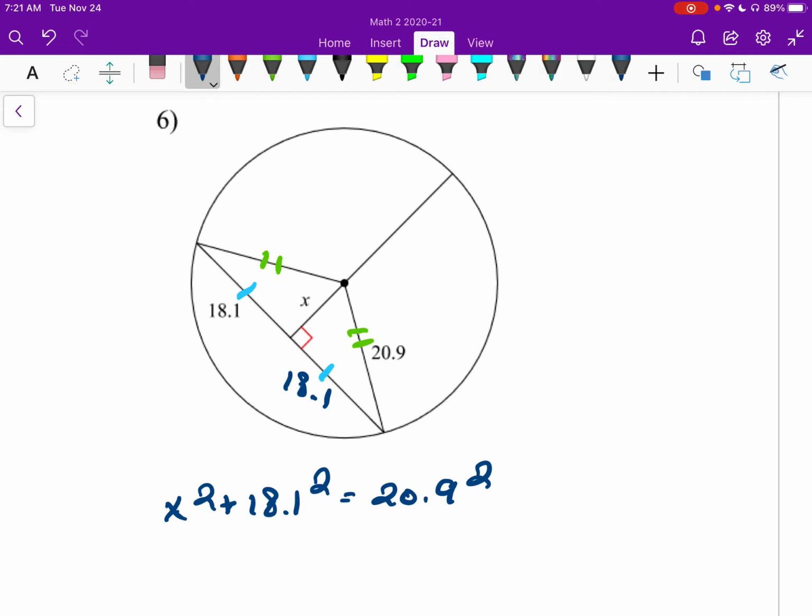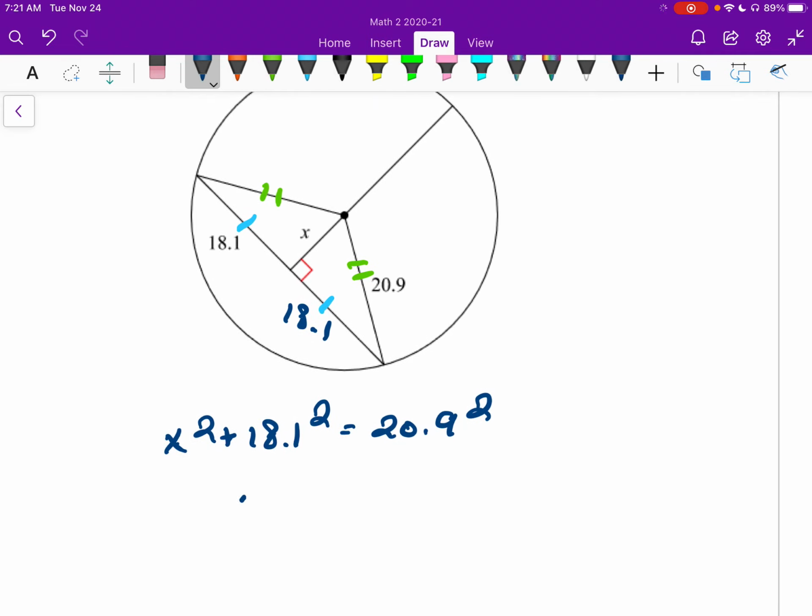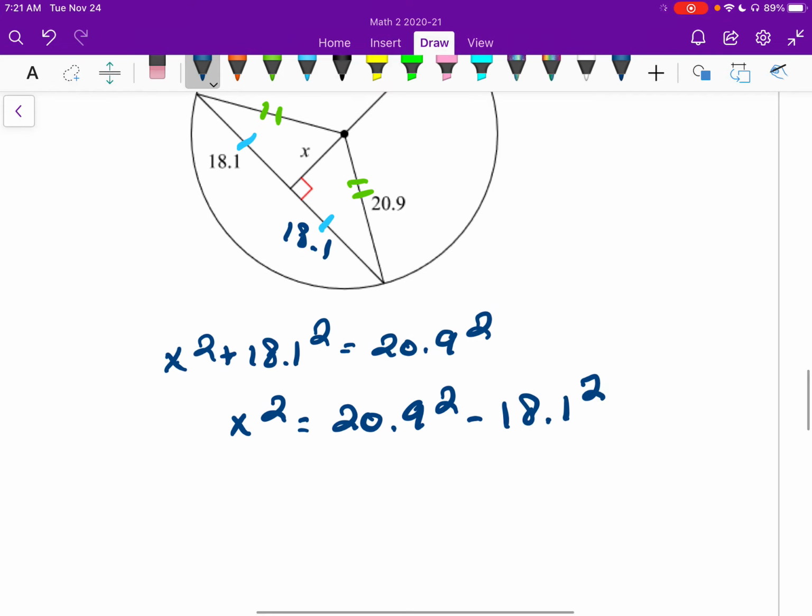To make it easier for my calculator, I'm going to solve it without taking my squares. So I'm going to say x squared is 20.9 squared minus 18.1 squared. Right, I just subtracted it to the other side. And then I'm going to write a big root so that I can type it all at once in my calculator.